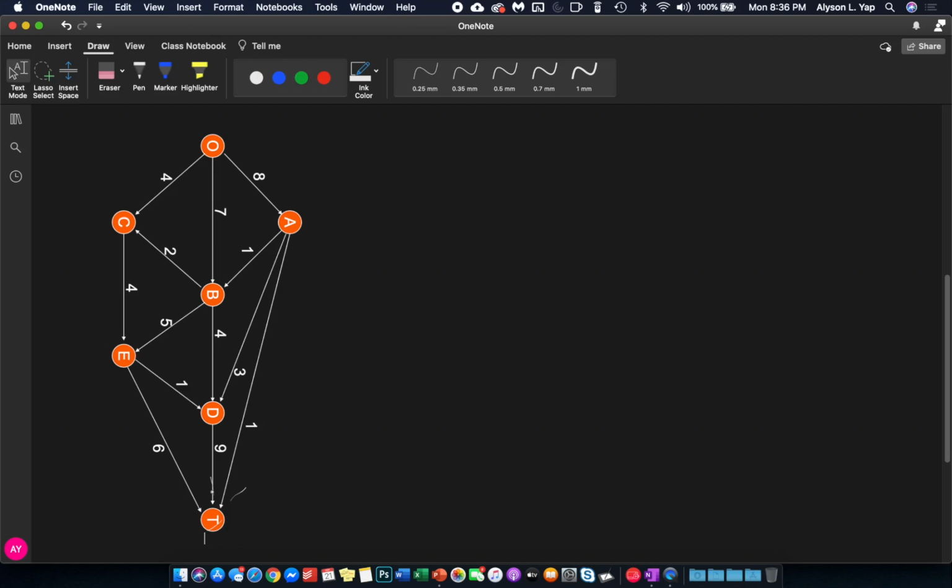That essentially is what we call a maximal flow, because you're trying to maximize the number of units that will flow through the graph.